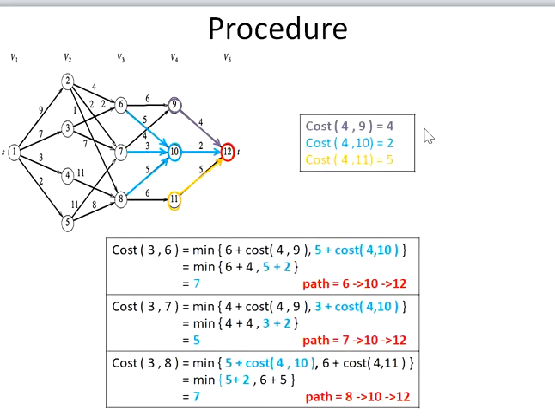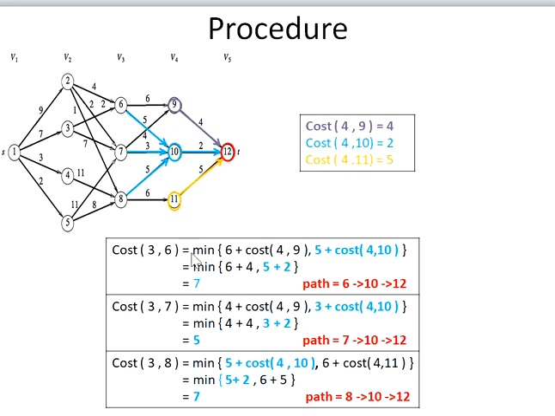We got the solution from stage 4. Next we'll see this from stage 3. So the cost from stage 3 or level 3, vertex 6. Vertex 6 has two vertices going to vertex 9 and vertex 10. I have to choose among them the best one, which is the minimum.